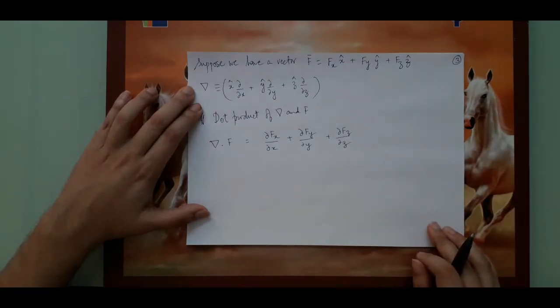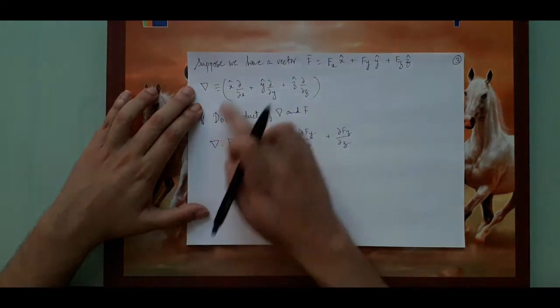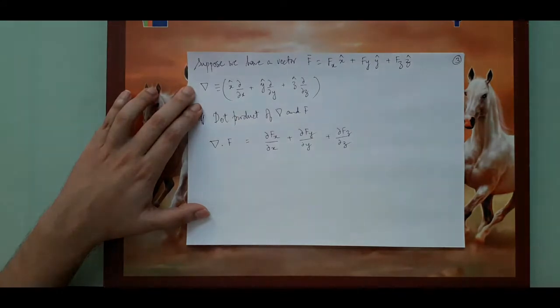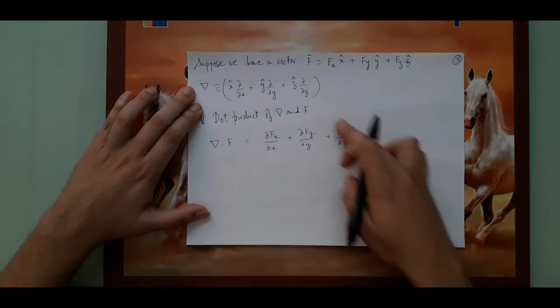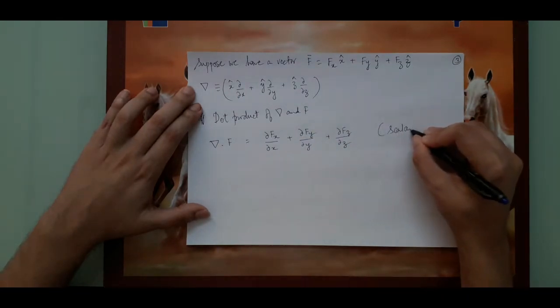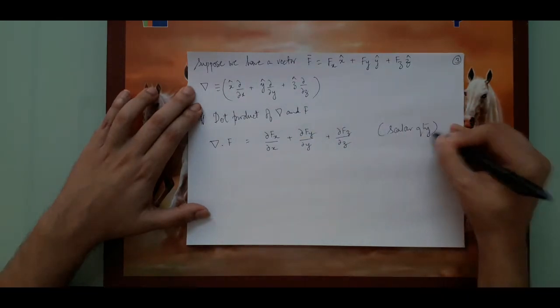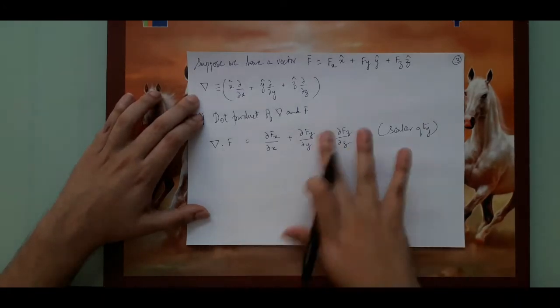So what you can see is that when we are doing the dot product, the unit vectors essentially get multiplied and become a scalar. So this entire sum is a scalar quantity. As you very well know, the dot product of two vectors is always a scalar.